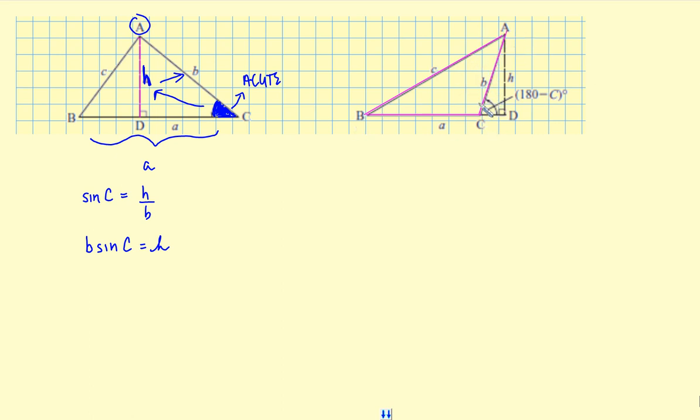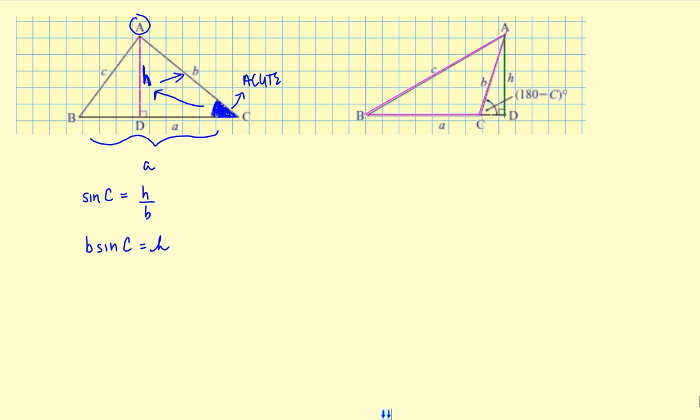To get the perpendicular height of this, I'm going to have to go to the exterior of the triangle, and I'm going to get my height from there. So here's my height. Maybe I should do it in green. Here is my height.